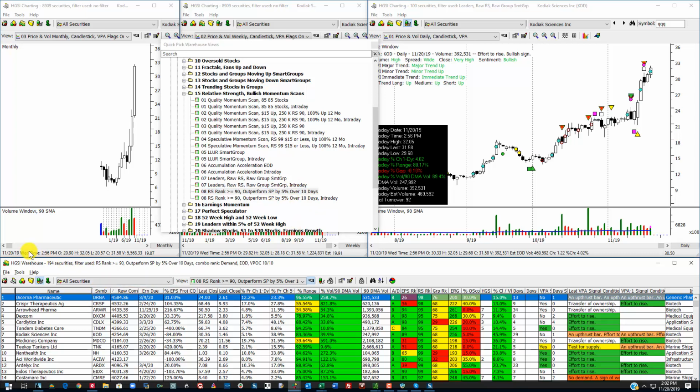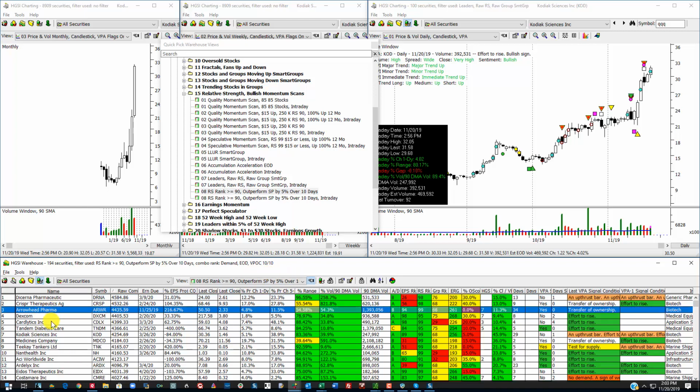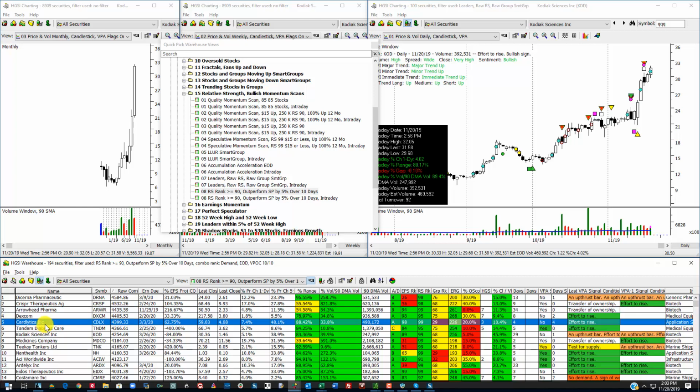And you can see that 194 stocks over the past 10 days have outperformed the S&P. There are some familiar names in here. I've talked about Arrowhead.